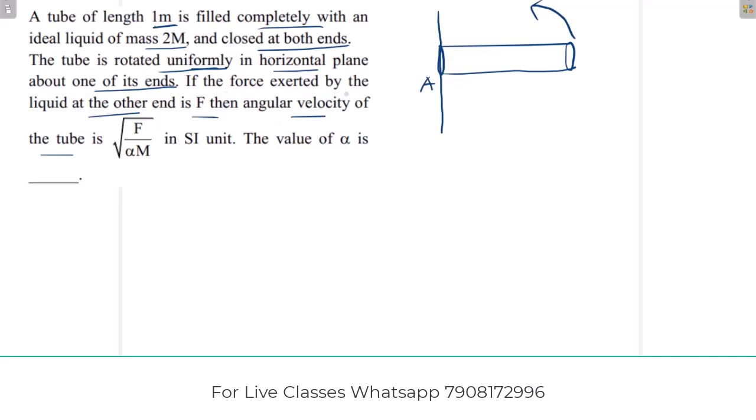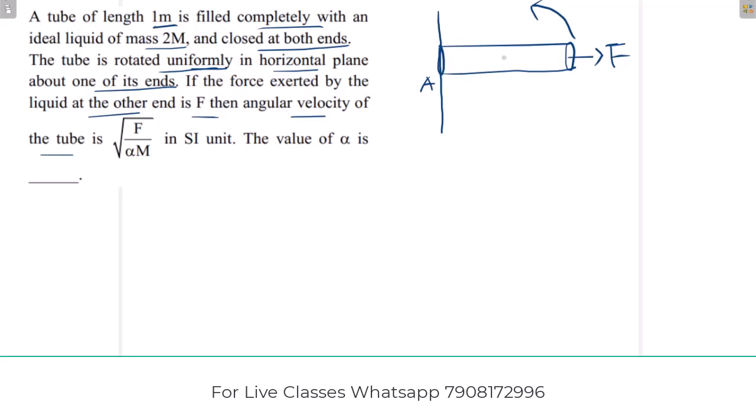If the force exerted by the liquid at the other end is F, find the angular velocity of the tube. When it is rotated about A, we know the centrifugal force is equal to m omega square r.